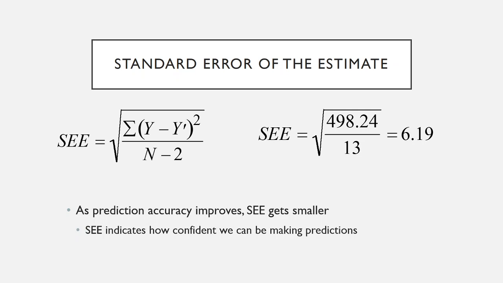Better predictive accuracy, smaller standard error of the estimate. So the standard error of the estimate provides a quantified version of the confidence that your predictions are accurate, right? The closer to zero your standard error of the estimate is, the more strongly accurate your predictions will be, and the more strongly related your variables are.